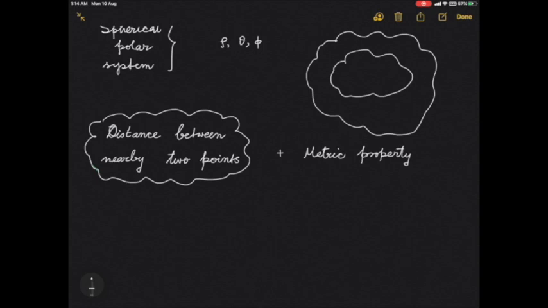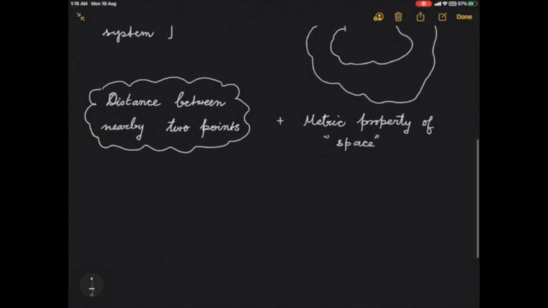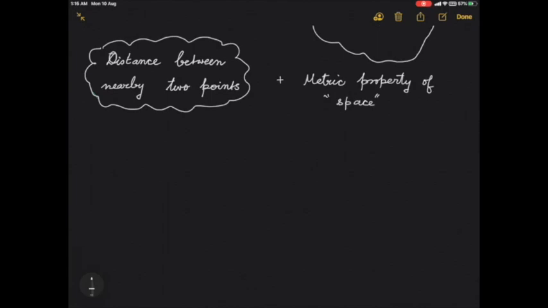Metric means measure, and the only thing that you can measure with coordinate systems is the distance between 2 points. So obviously the property of the distance should be called the metric property. It's a metric property of what we call the space, and we'll discuss what a space is later on today. So I need to know what the metric property of the space is.